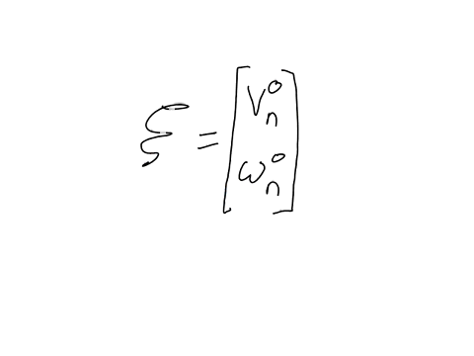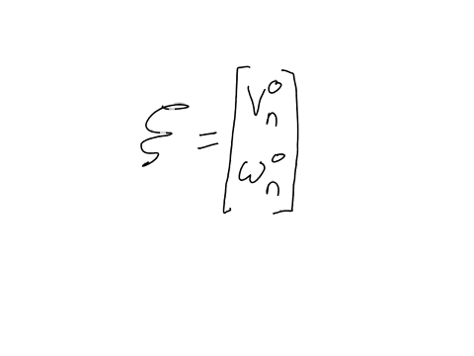So going back to our notation, as we try to represent the velocity of the end effector in its base frame, we want to allow for any number of links in 3 dimensions.